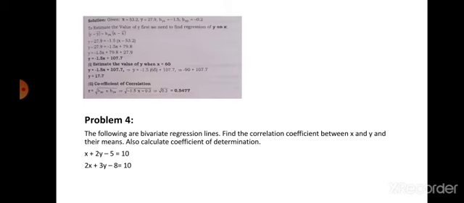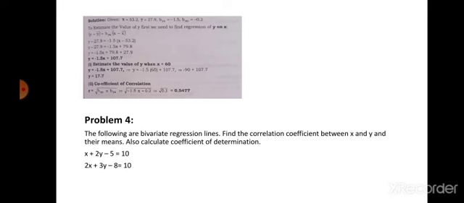Now what do you have to do? Estimate the value of y. Everything is given, you don't have to worry. The regression coefficient of y on x is given, and x on y is also given. So write the regression equation: y minus y bar equals byx into x minus x bar. Now y minus 27.9 equals minus 1.5 into x minus 53.2. Substitute x equal to 60.